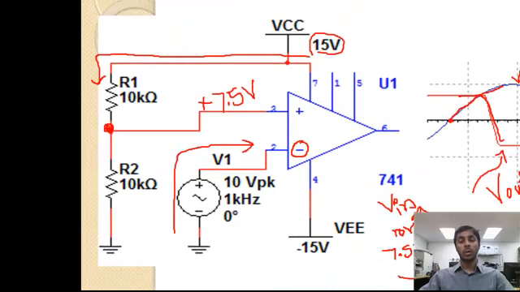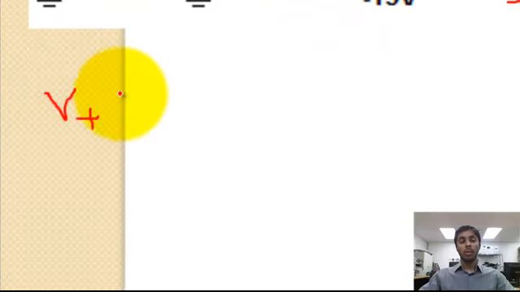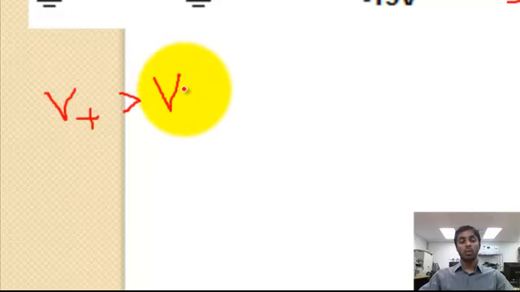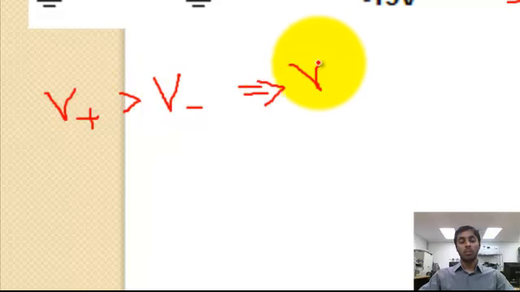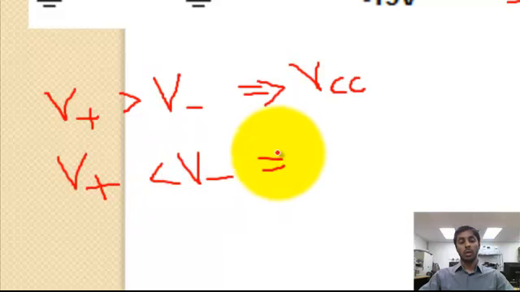V positive is always going to be 7.5 volts. Coming to the facts of an op-amp, if V positive is greater than V negative, it is going to be VCC. If V positive is less than V negative, it is going to be negative VCC.